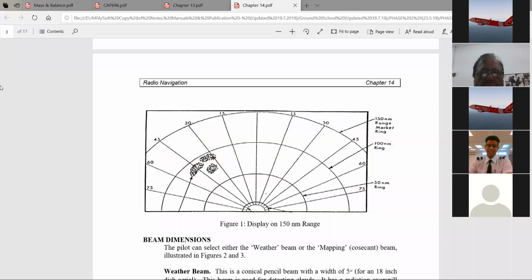Depending on that height, the second semicircle at the bottom will show it. So the distance between the first semicircle, where range measurement starts, and the second semicircle gives you the height of the aircraft. Is this clearly understood?